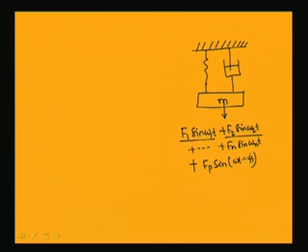So, I can first find the response due to the force F1 sin omega 1 t, then I can find the response due to the force F2 sin omega 2 t.